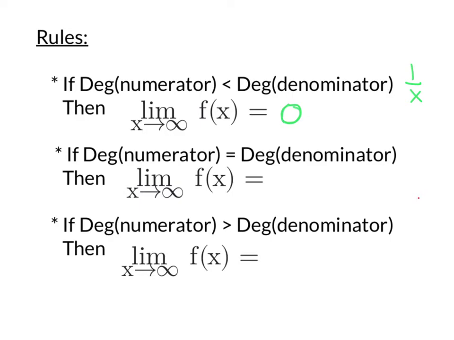If the degree of the numerator and the degree of the denominator are the same, something like x over x, the limit as x approaches infinity, those two would cancel, and we'll be left with some constant. In this case, it's 1. How you would actually do that is just simplify those leading terms. And then if the degree of the numerator is larger than the degree of the denominator, something like x over 1, well, as x approaches infinity, this entire fraction would also approach infinity.